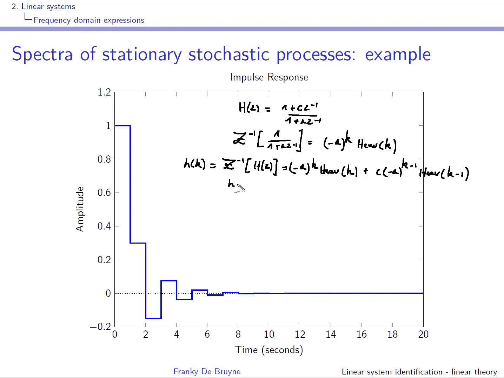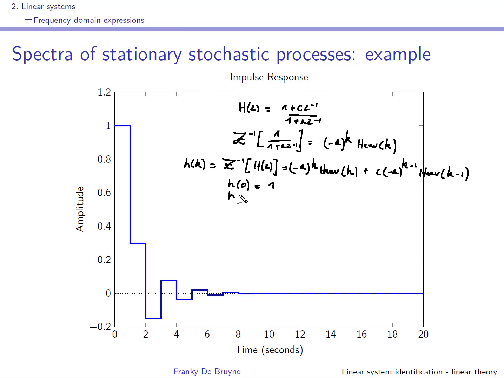We can have a look at h(0), it's 1. When k is equal to 0, this second term is not contributing because it is going to be 0. So we'll have (-a)^0, so it's a 1 over here. This makes sense because our transfer function is monic, so we have this normalization: h(0) is equal to 1.